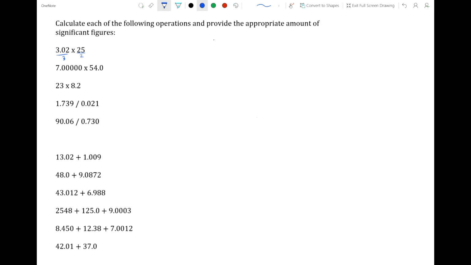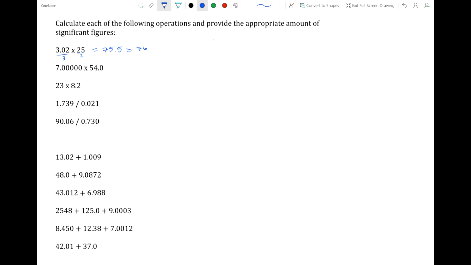You would plug 3.02 times 25 into your calculator like always, and you would find that the answer is 75.5. How do you convert that into significant figures? You have to round, because you need 2 significant figures and not the 3 that 75.5 has. So it should round up to 76. And that's the answer you would put on an exam or a homework question.